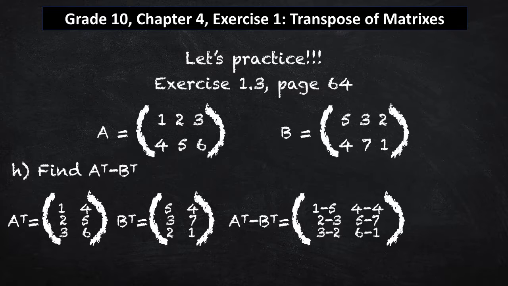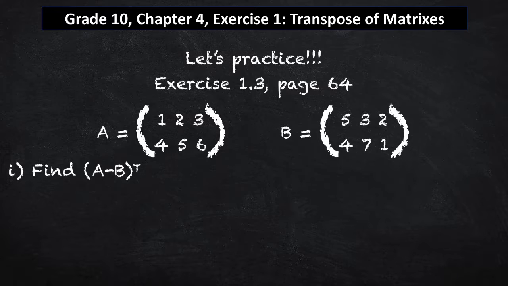And this is because 1 is the element 1, 1 of the matrix A transposed and 5 is the element 1, 1 of the matrix B transposed. And then we will compute the differences, and what we find is that the matrix A transposed minus B transposed is a 3 by 2 matrix with the elements minus 4, 0, minus 1, minus 2, 1, 5.